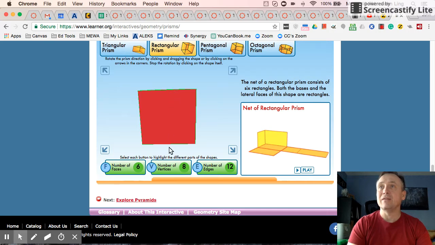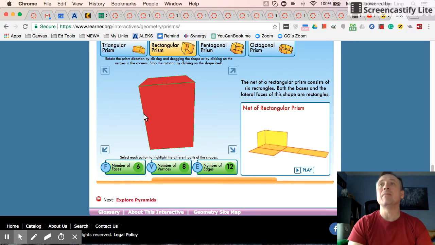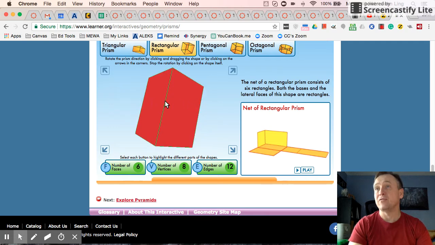This edge and this edge are the same length. And if I flip that up here, that edge and that edge are the same length also. And this edge and this edge are the same length. So opposite lengths are the same. Okay, that edge is the same length as this edge as well.